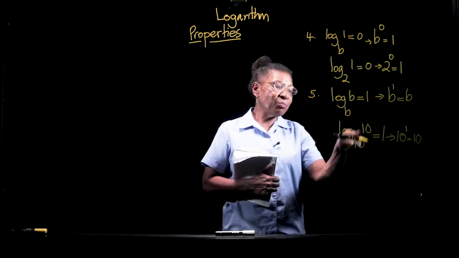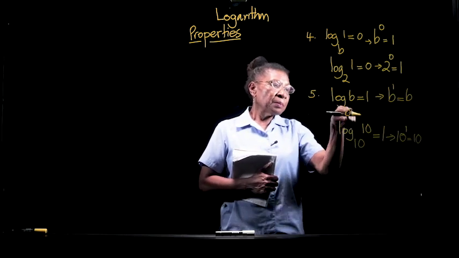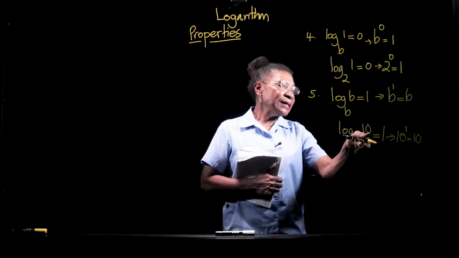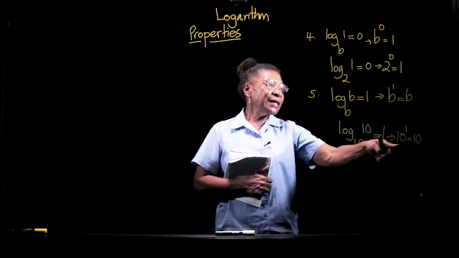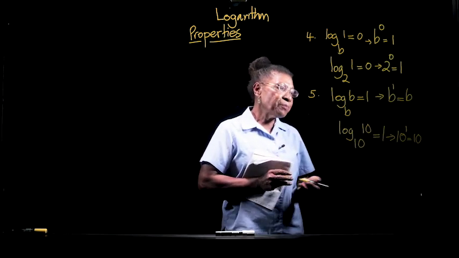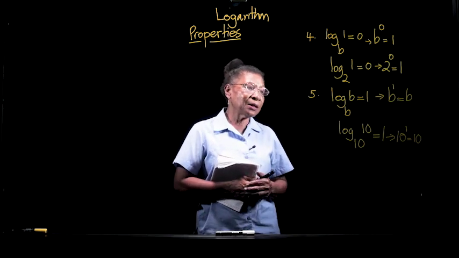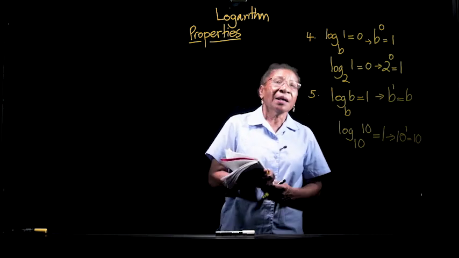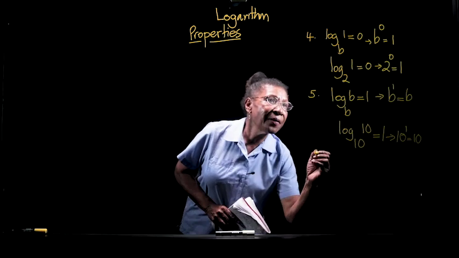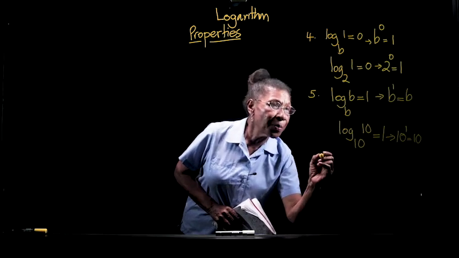So the value of b is 10. Log base 10 of 10 is equal to 1. 10 to the power of 1 is equal to 10. If I have 1 million raised to the power of 1, the value is still 1 million. Let's look at another example of properties.